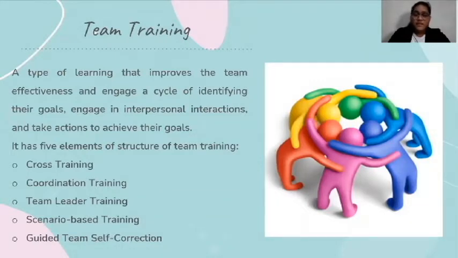It has five main elements of structure of team training. One, cross-training. Two, coordination training. Three, team leader training. Four, scenario-based training. And five, guided team self-correction.